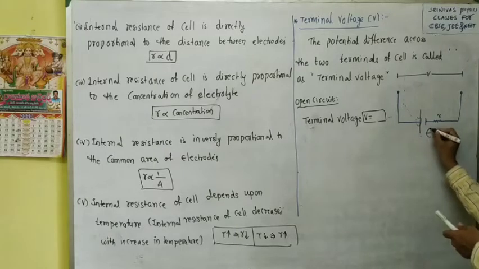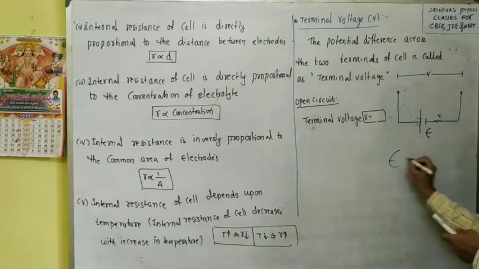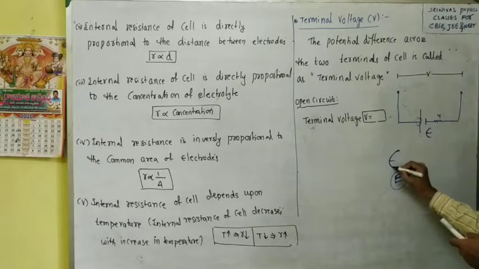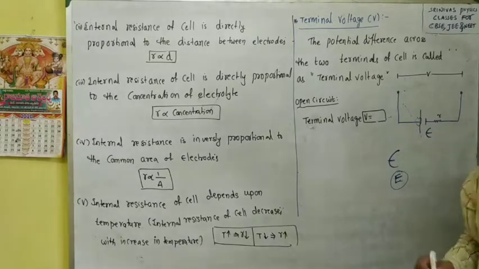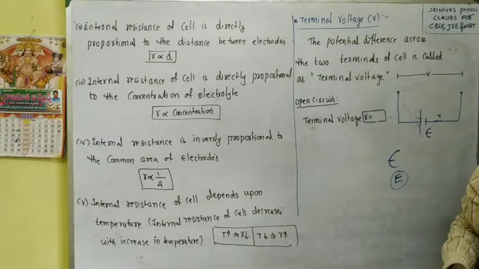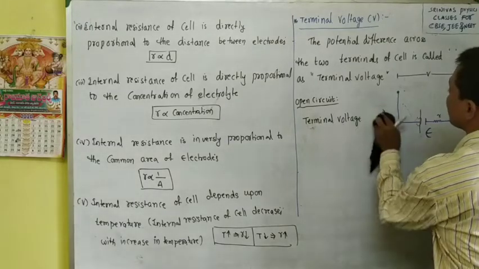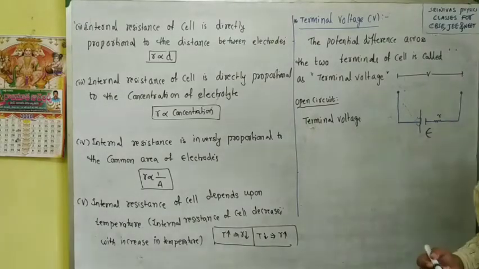Actually this we can also read as E, but we write it like this. Why can't we write capital E? In some books it is denoted with capital E, but capital E means electric field intensity. That's why I denote it like this, similar to epsilon.